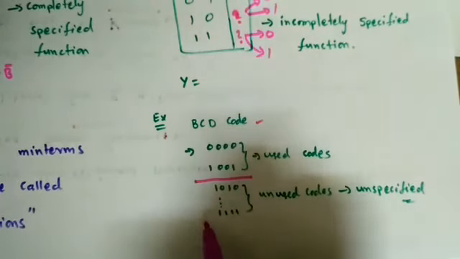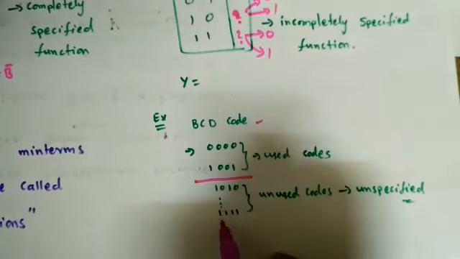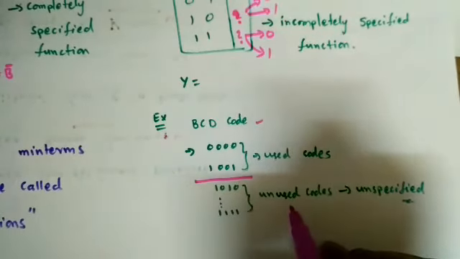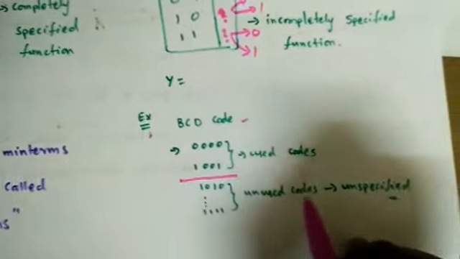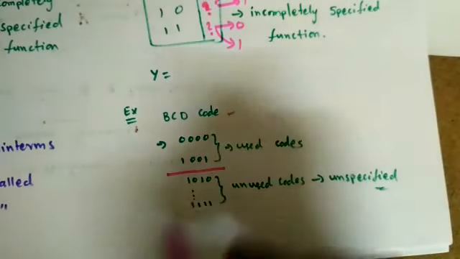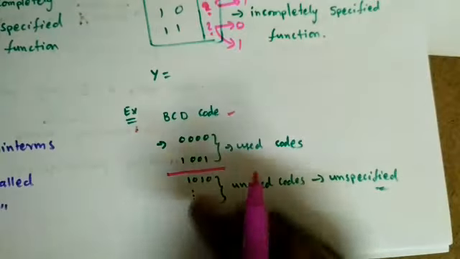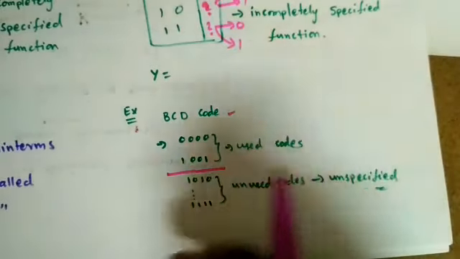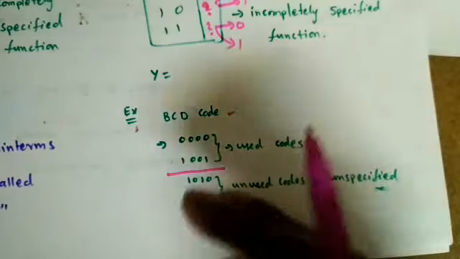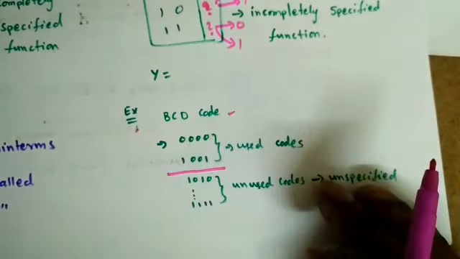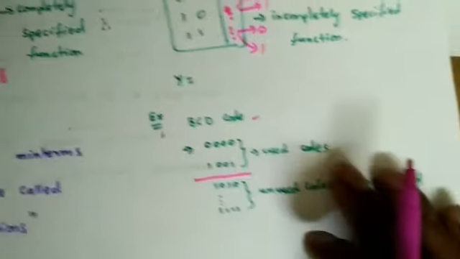From 10 to 15, 1010 up to all ones, these are the unused codes in BCD code, or we can say unspecified codes. So this is an example. For these unspecified codes, how to minimize the expressions or get the expressions, that is the case we need to study.